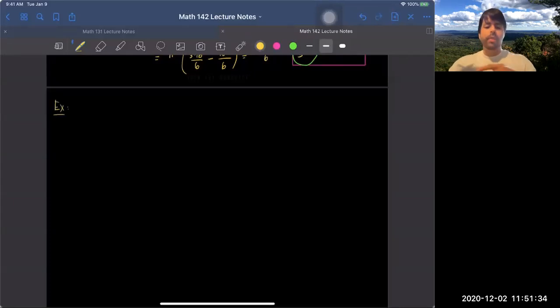So this is when the solids of revolution do not occur around the x-axis nor the y-axis, but on some other axis. So let me give you this.